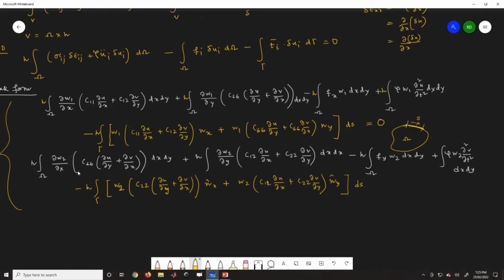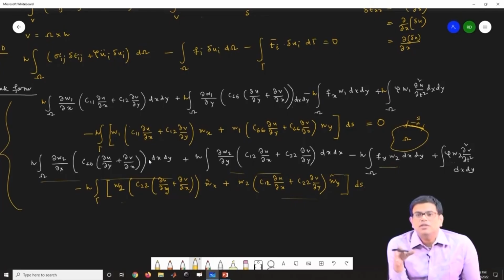If you look carefully, this is my bilinear form, and this is the linear form. Here also this will come into the bilinear form, and this will come into the linear form. Obviously we know this quantity is a prescribed quantity, so we know what it is. This plus this is nothing but Tx and Ty, so we can substitute that.